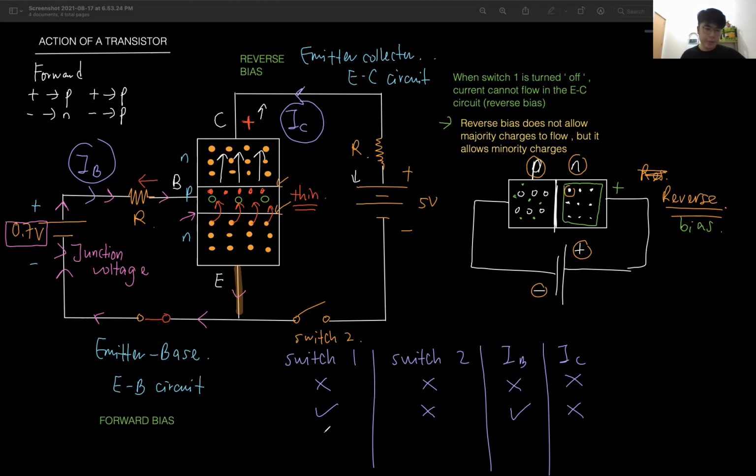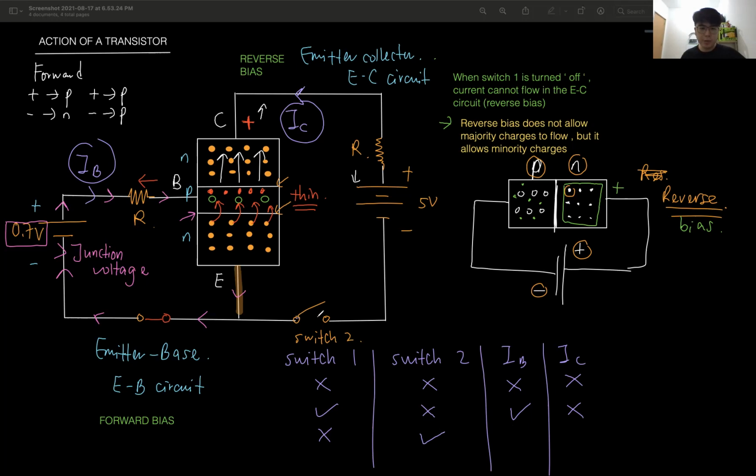Now, I switch off switch 1, and then switch 2, I open it. So is there current flowing in the collector circuit? Is it true? If I switch off switch 1, you see clearly. Switch 1 is off. Switch 2 is on.